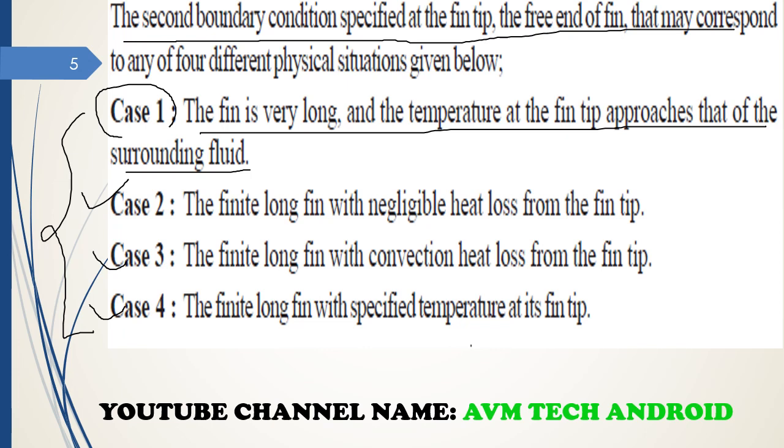At present we are talking only about case number 1, that is the fin is very long, and the temperature at the tip approaches that of the surrounding fluid. With this case we will try to derive the most general equation for heat transfer in case of rectangular fin.